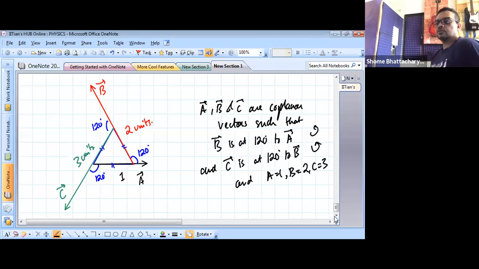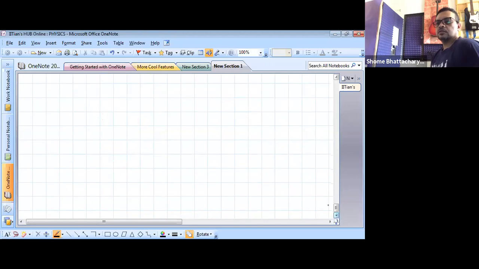So one way we can use component algebra. Okay. So method 1 is component algebra.